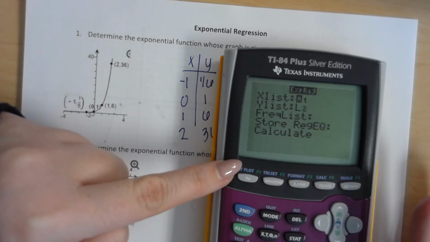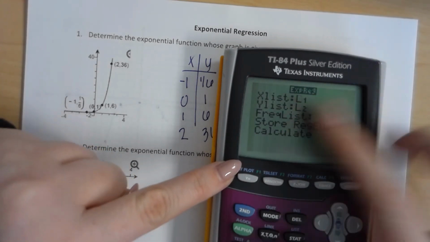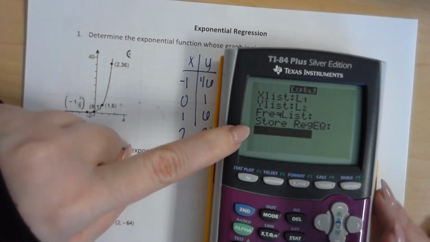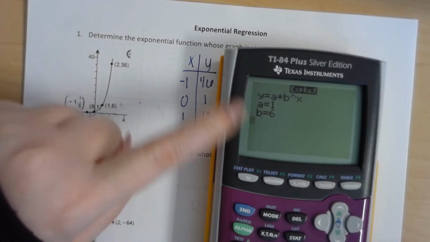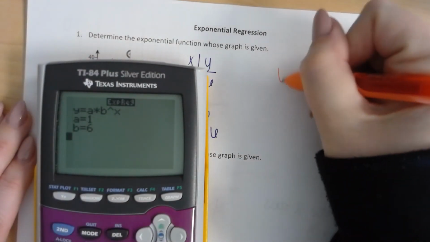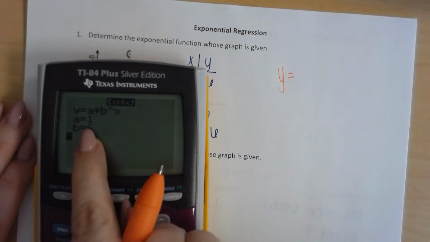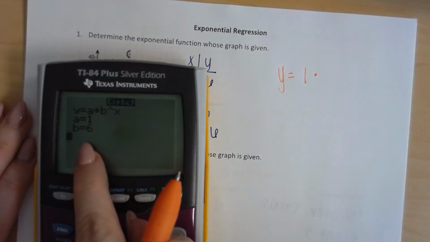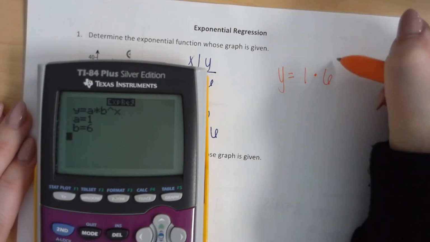L1 is our x's, L2 is our y's. We don't really need to store it anywhere. Calculate, okay, so it tells us our equation is y equals a, and a is 1 in this case, times b, which is 6, to the x power.